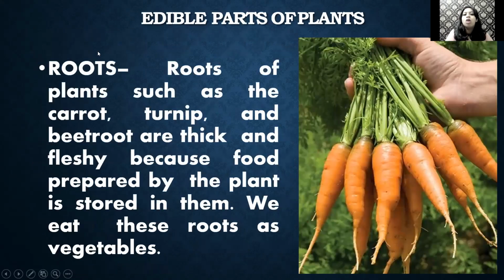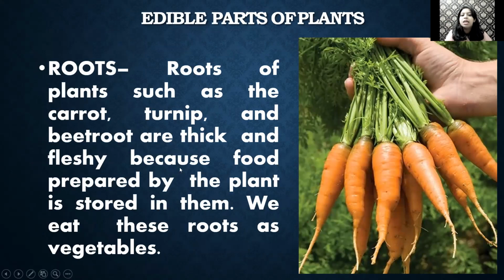Okay, moving on to roots. Now, roots of plants such as carrot, turnip, and beetroot are thick and fleshy because food prepared by the plant is stored in them. Because what happens? They prepare the food and it is stored.